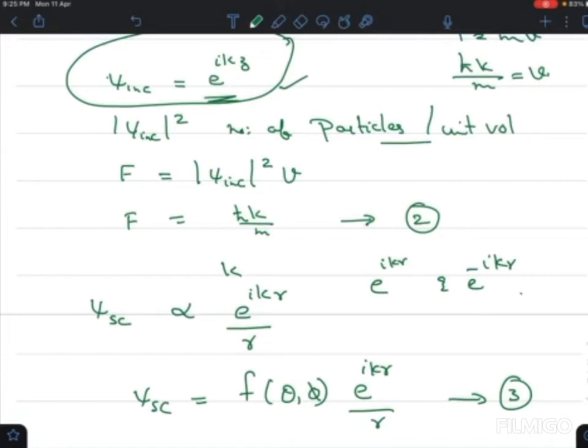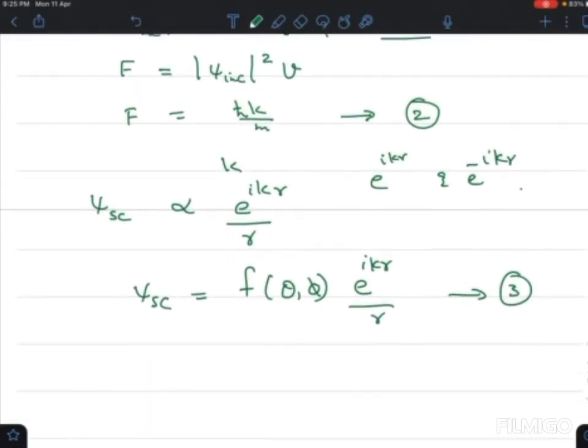Again, we observe that the number of particles, that is delta n, is nothing but the radial flux times delta s into dt.